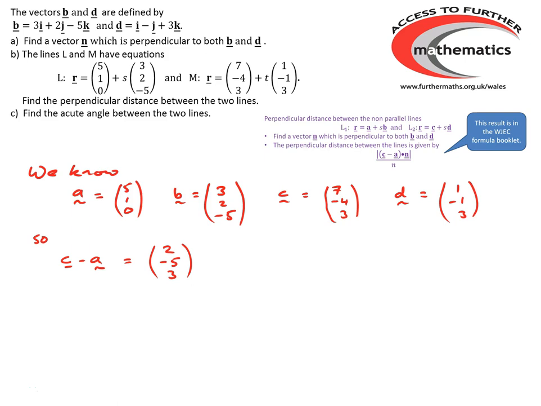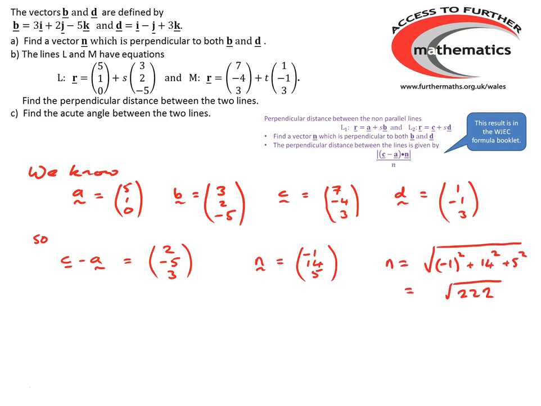And we also know from part a that our vector n, which is perpendicular to both b and d, is the vector (-1, 14, 5). The length of that vector can be calculated by finding the square root of -1 squared plus 14 squared plus 5 squared, which is the square root of 222.